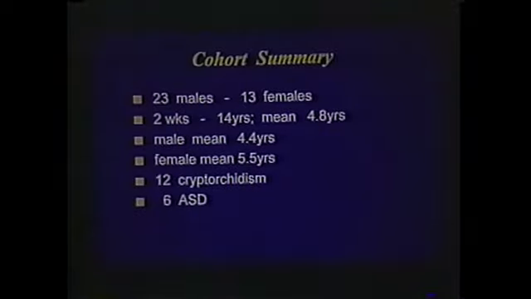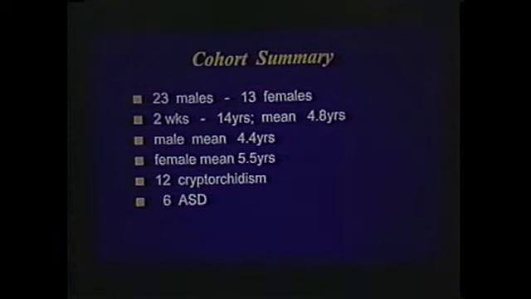And I would like to provide you with a cohort summary of 36 Florida panthers that I had the opportunity to do such a complete necropsy on. The cohort consists of 23 males and 13 females, ranging in age between 2 weeks and 14 years, with the mean age being 4.8 years.